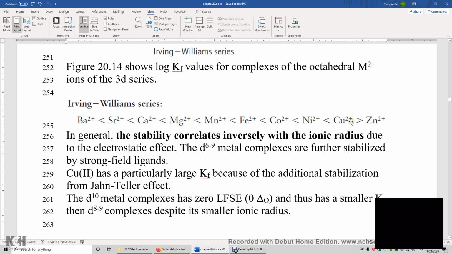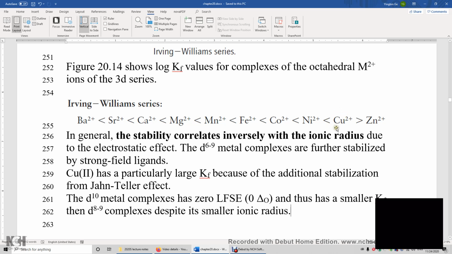But again, in copper 2+, it's actually no longer octahedral, it's tetragonal, and that means the eg orbitals are no longer eg orbitals. The 2 eg orbitals now split into 2 different energy levels. The higher energy level, dx squared minus y squared, contains only 1 electron. The lower energy dz squared orbital contains 2 electrons.